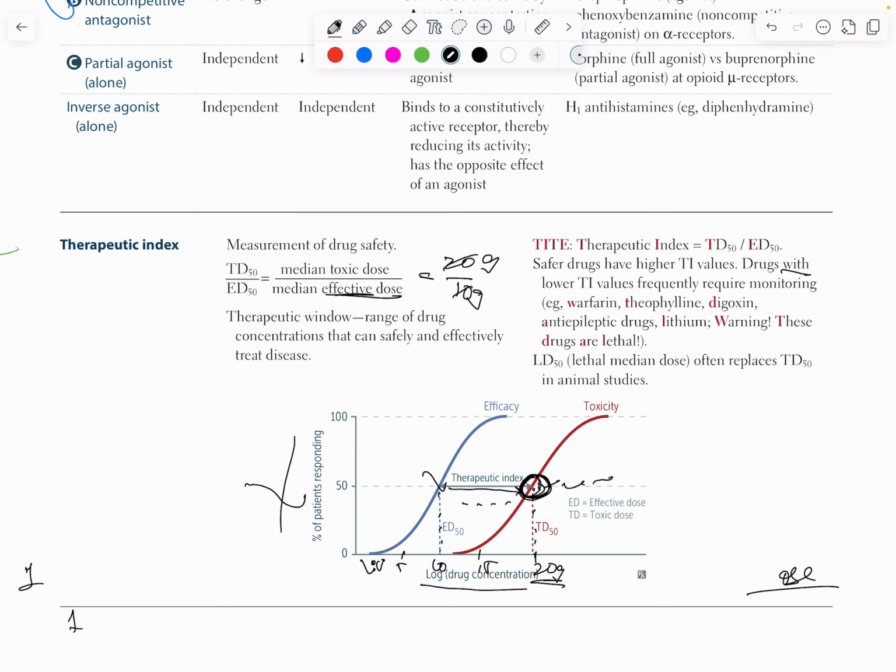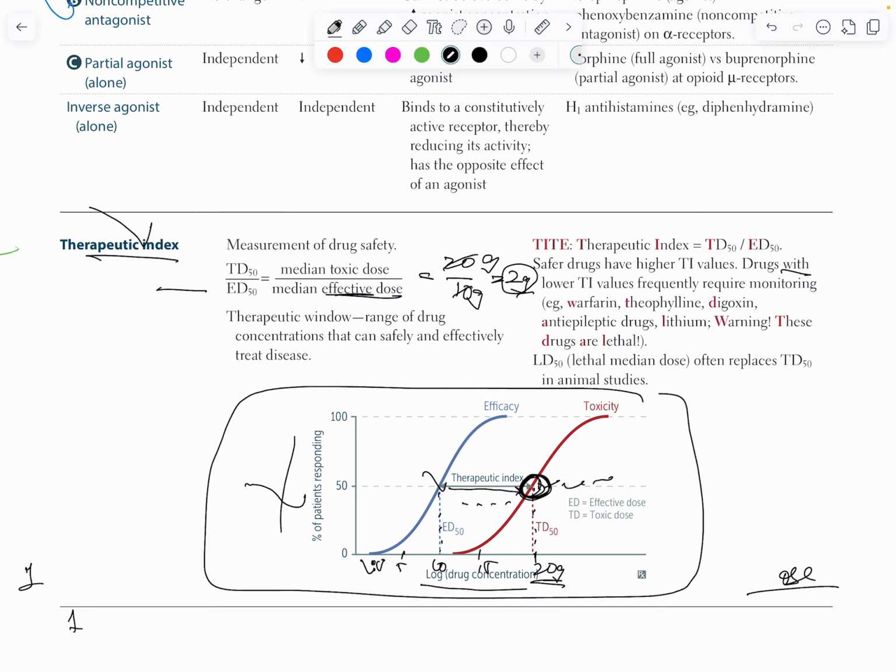If we divide, then we get 2 gram as the therapeutic index. Understand? This is all about this graph. Again, I am saying the therapeutic index is the ratio of toxic dose divided by effective dose.